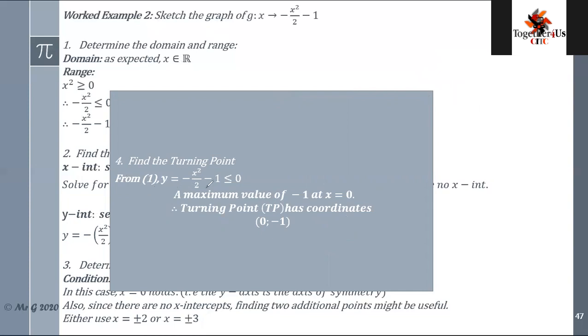And so we have our range as y less than or equal to negative 1. So our turning point will be 0 and negative 1. In fact, the axis of symmetry also gives us that clue. So this is the point where the graph will turn.